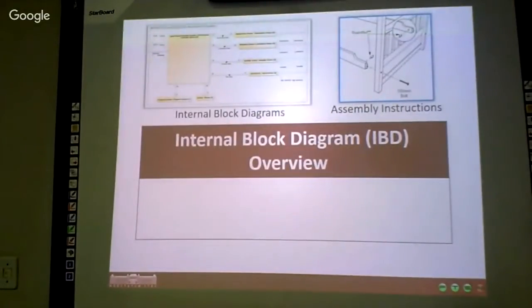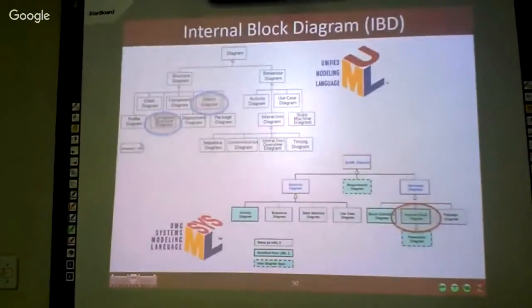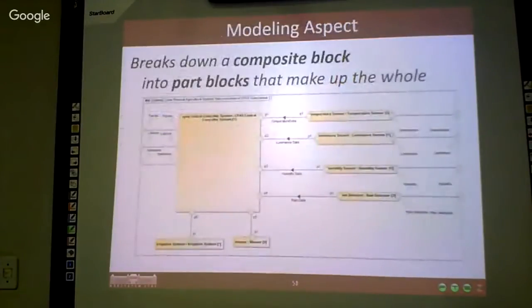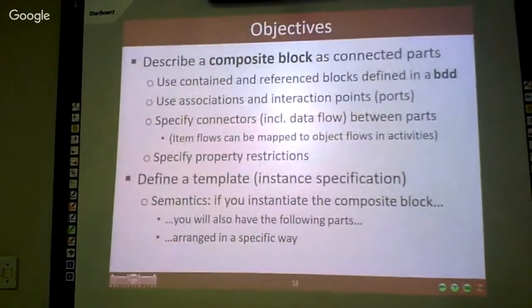So let's continue with the internal block diagram that is also in SysML, and it has corresponding parts in UML. And it defines how you can break down a composite block into parts and how they are composed together to constitute the large block that contains them. So the objective of this internal block diagram is to describe a composite block as connected parts.